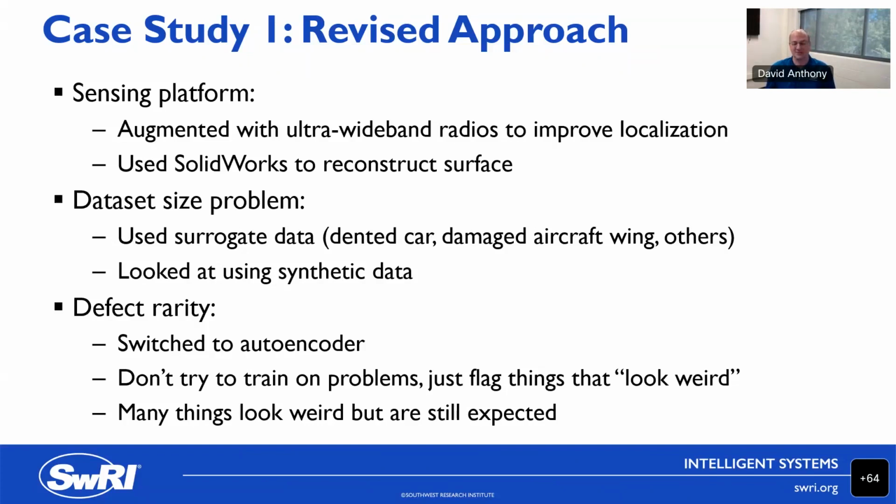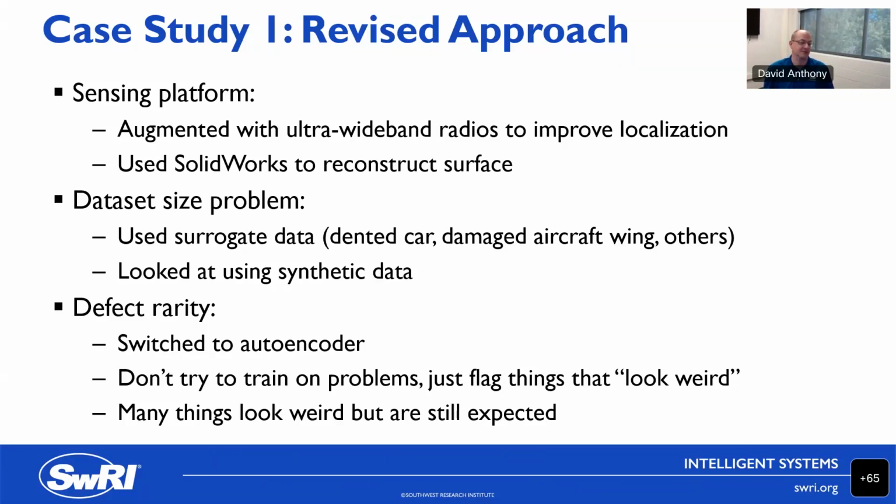So we ended up switching our entire neural network architecture from that YOLO system to an autoencoder. If you haven't used autoencoders, one way of looking at them is they're compressing down the image. And at some point in that compression, you can say, well, what stands out in this image? What is not part of my training set, or was not compressing well, which means I haven't seen it before. And so it really helped flag irregularities in the data.